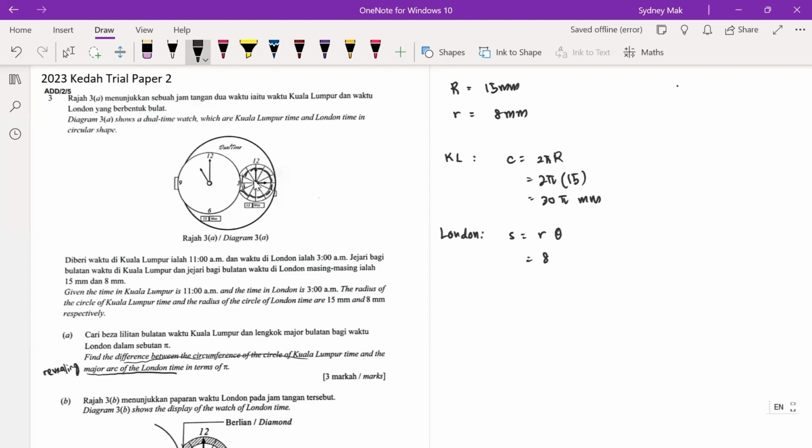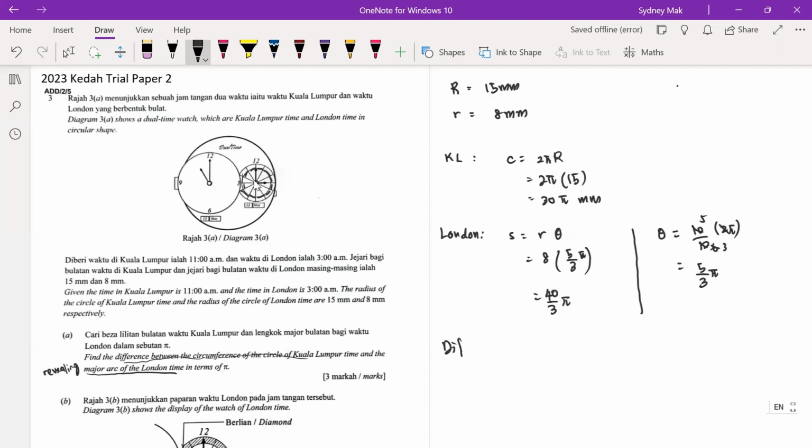So 10 out of 12. Theta equals 10 out of 12 of 2 pi, and when we simplify it, we get 5 over 3 pi. So let's put this in here: 5 over 3 pi. Therefore, we have 40 over 3 pi.